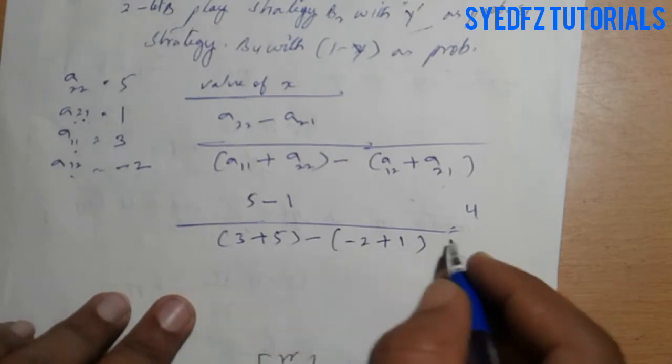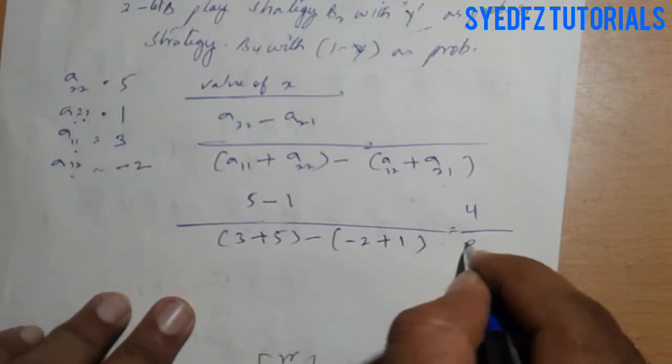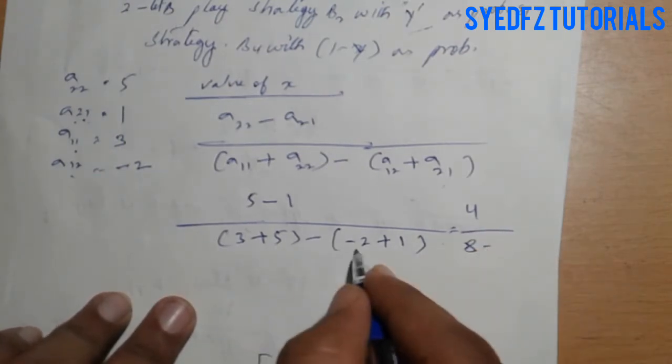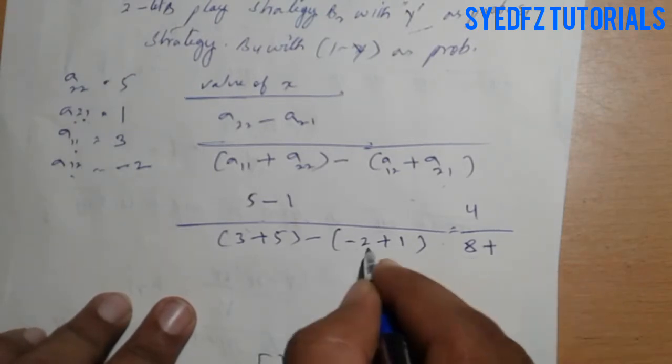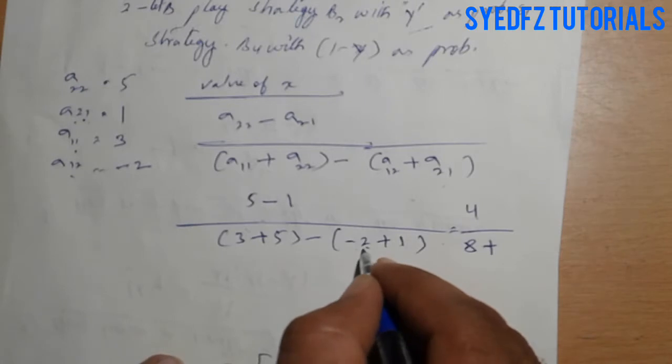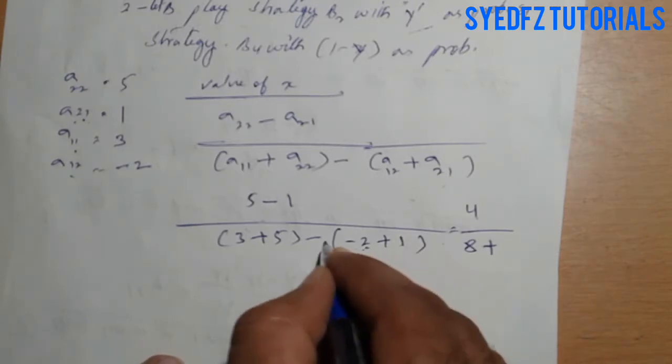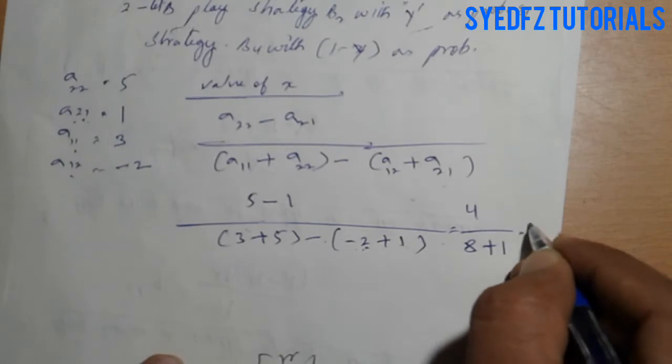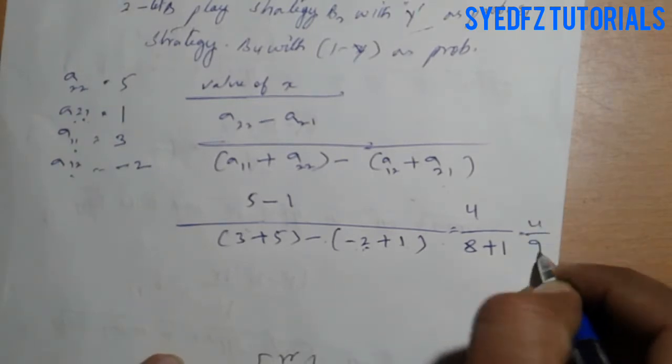This is 8. Minus into minus is plus, so 3 plus 5 is 8, minus of minus 2 is plus 2, plus 1 is 8. So 4 divided by 8 plus 1, that is 4 divided by 9.